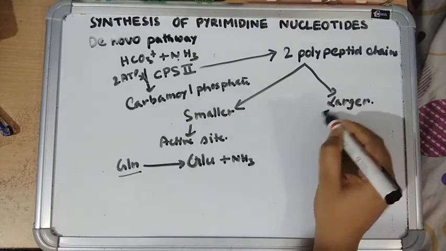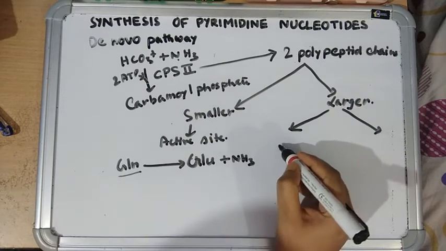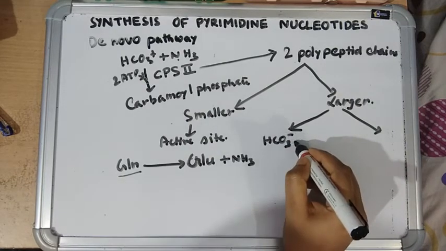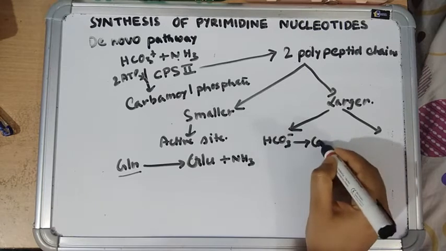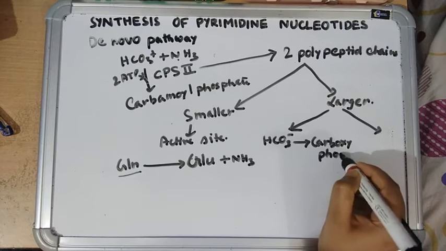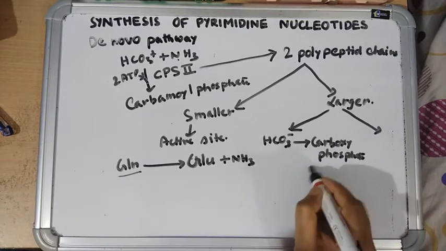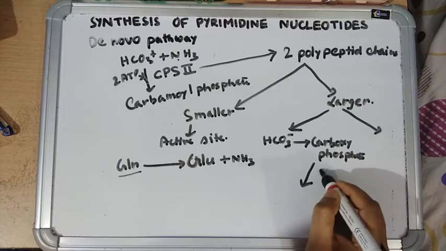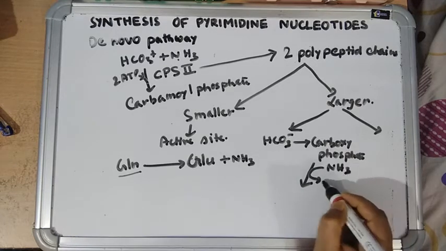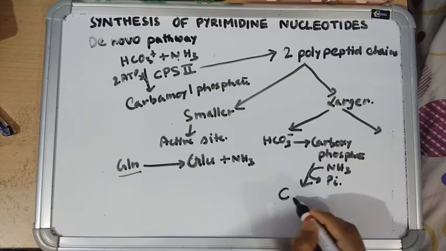And in the larger chain, there are two active sites where two reactions occur. First, there is phosphorylation of bicarbonate to form carboxyphosphate, and then amination of the carboxyphosphate. Phosphate is released to form carbamic acid.